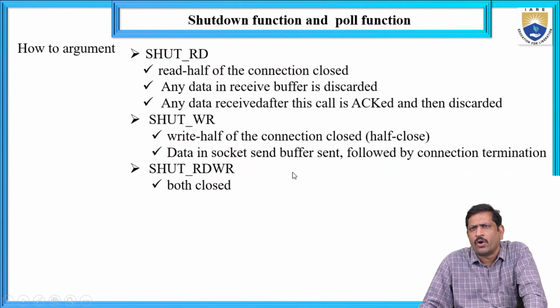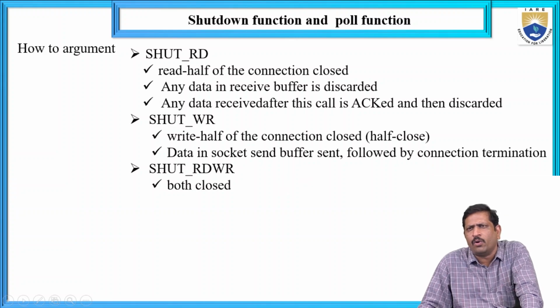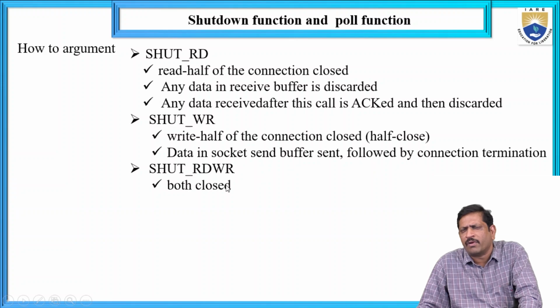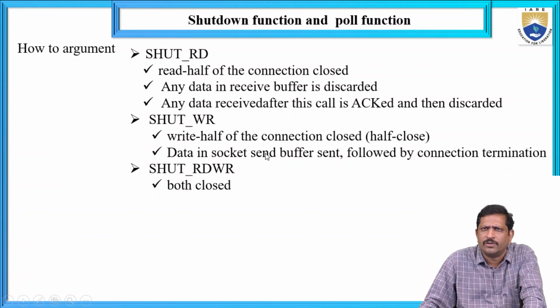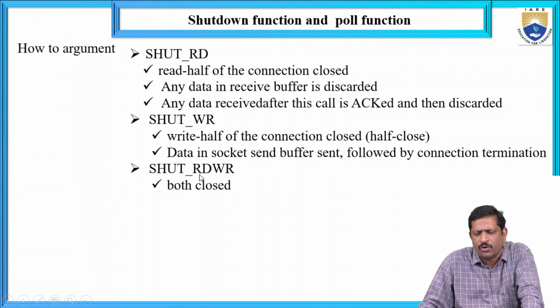The data in the socket's send buffer will be sent, followed by the connection termination, and reading and writing both will be closed. So whenever shutdown happens, this arises while communicating between these two devices. Now both will be closed.